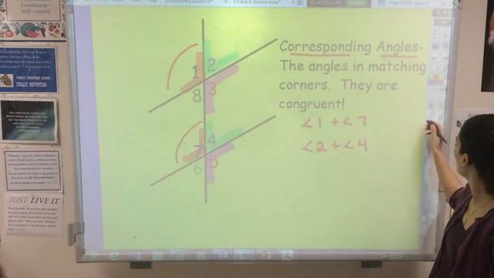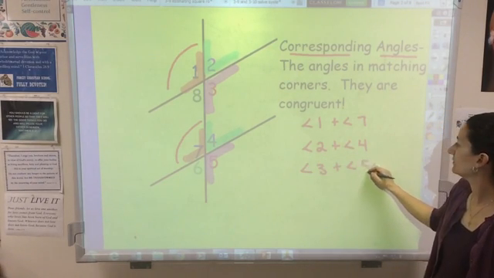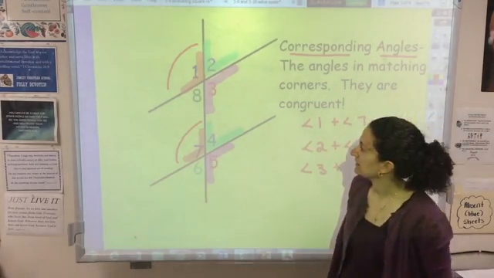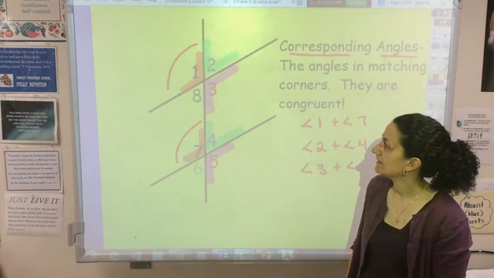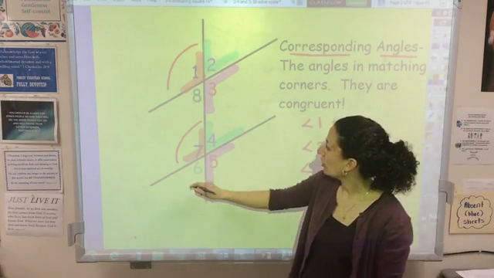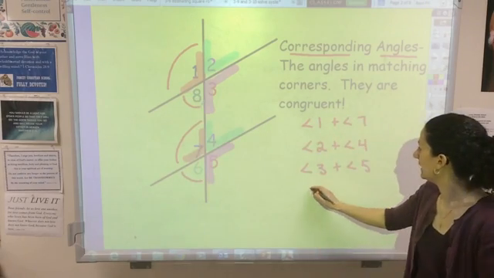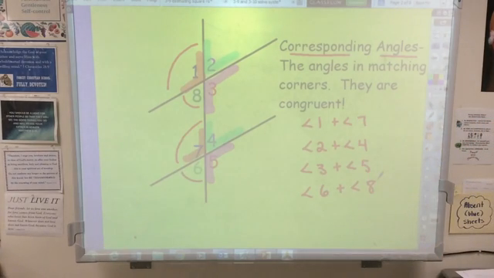So they are corresponding angles. Angle 3 and angle 5. And the last pair of angles, I won't highlight them because I'm getting too much highlighting. You can see the unhighlighted angles that are left are also corresponding. Angle 6 and angle 8. So I've written all the corresponding pairs down. Make sure you write them down.